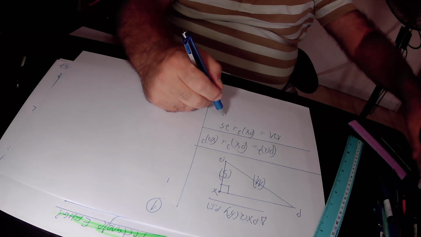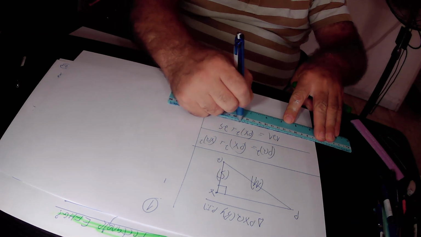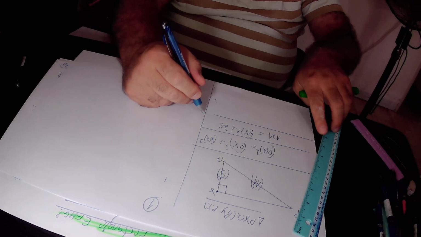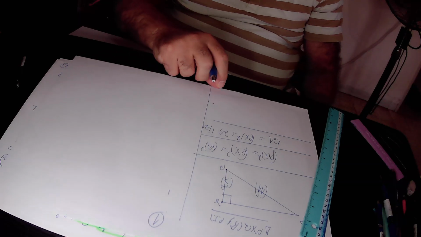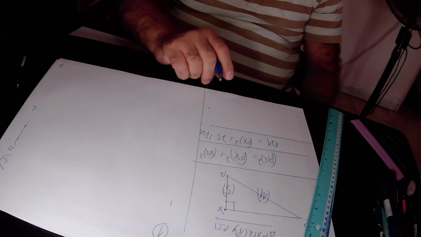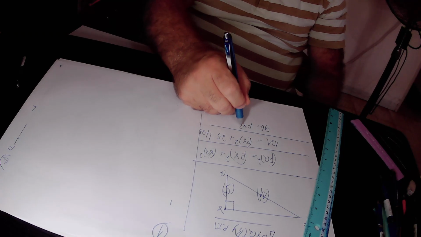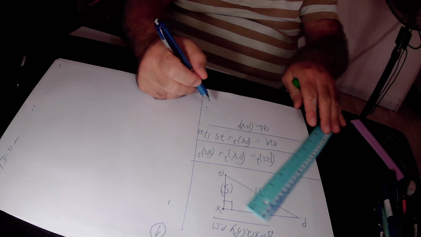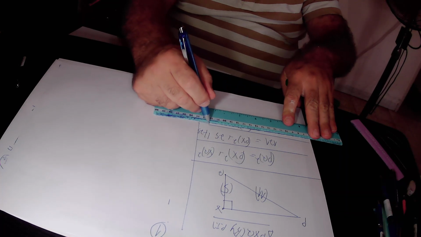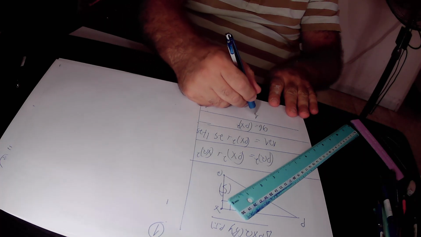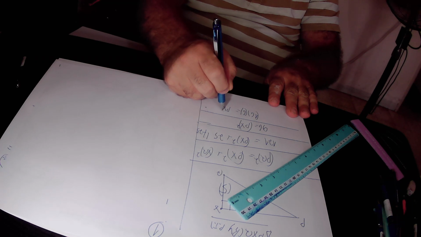So in total, we found out that 121 equals PX squared plus 25. Here we subtract 25 from this equation, and finally get 121 minus 25 is 96, equals PX squared. 96 is 16 times 6, so we substitute 96 by 16 times 6, so 16 times 6 equals PX squared.